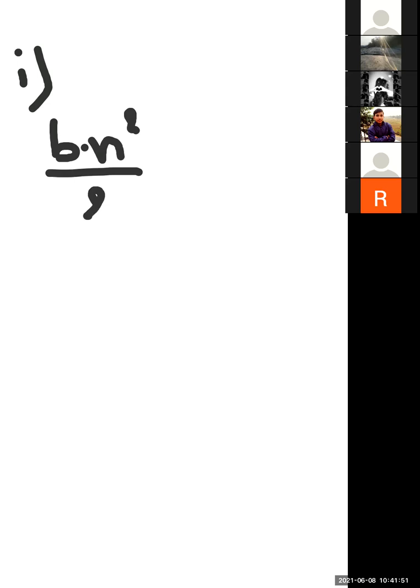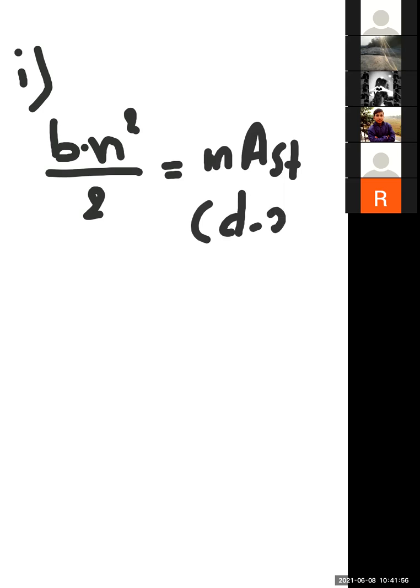Now, moving to the first part, to find out the stress in concrete and stress in steel. For this, we know that B into N square divided by 2 is equivalent to M into AST into D minus X, N. Right?